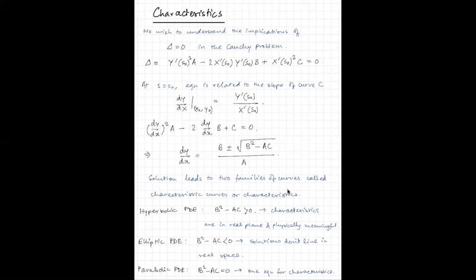That is going to be determined at a point on this curve C if the curve C is not parallel to a characteristic at that point. Okay. So assuming that the solution is analytic, the solution can then be determined in some neighborhood. Again, if C is nowhere parallel to these curves.